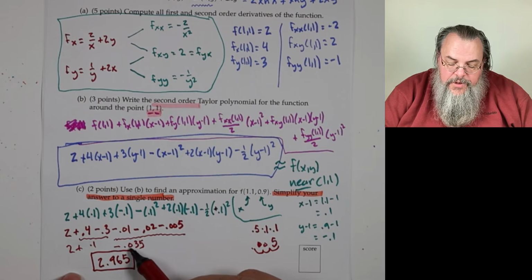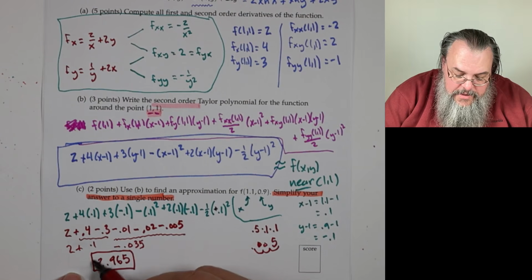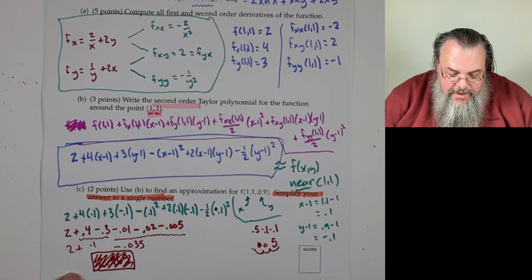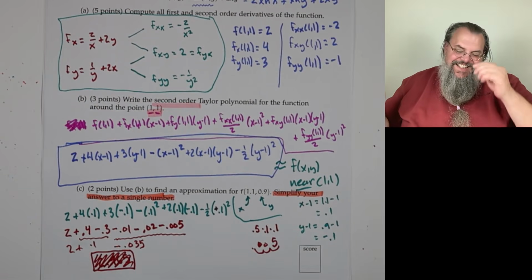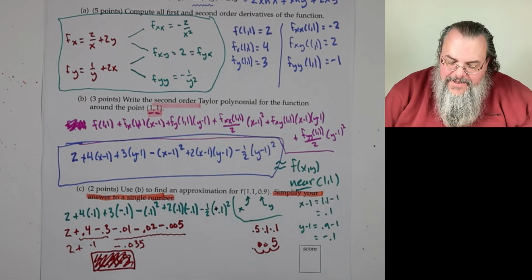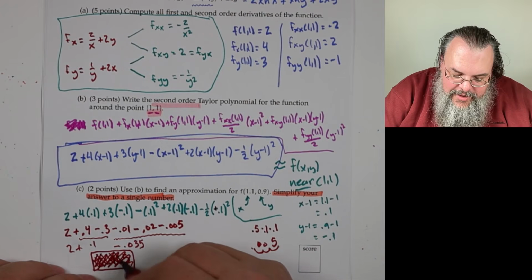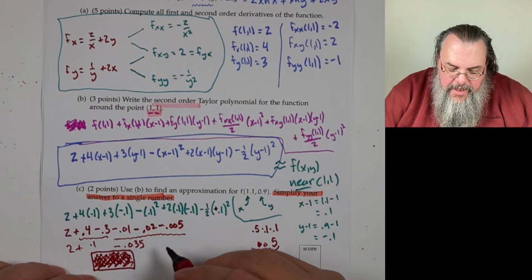If you add 0.035, then you get 2.97, and then you get to add the 3. Whoops, I messed that up. That is not right. Boy, I feel like I'm having to go back to the days when I was doing math.